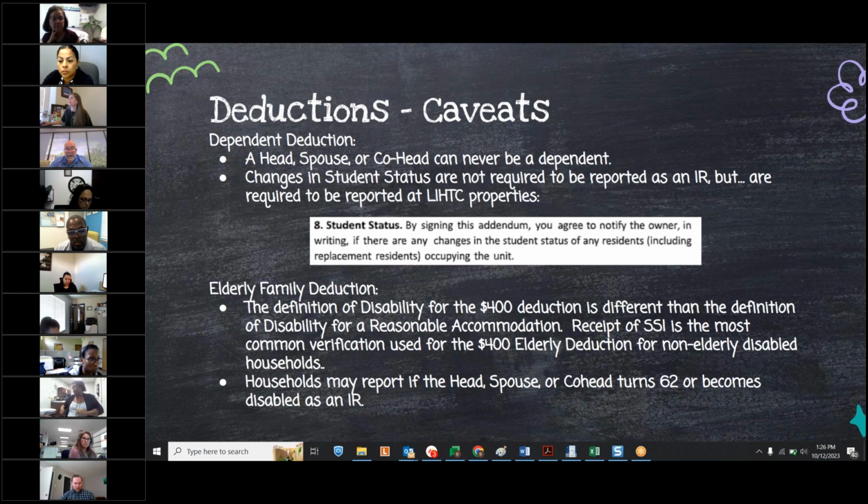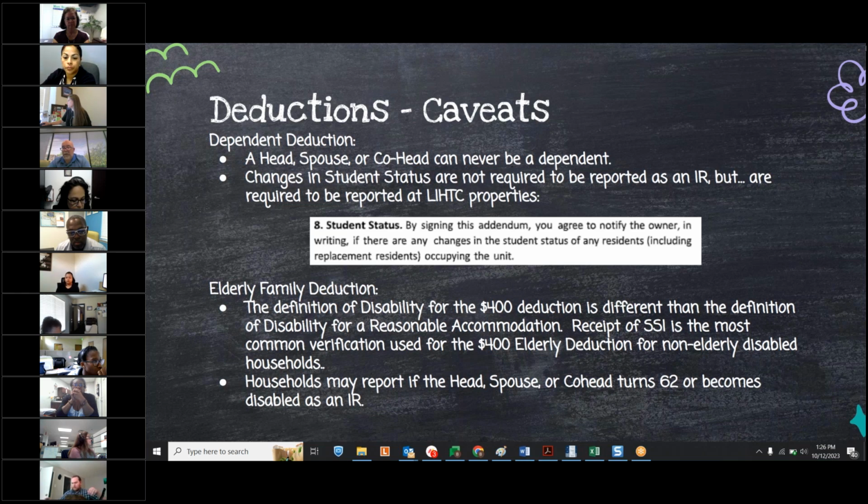On the elderly family deduction, it's worth pointing out that the definition for disability to be eligible for that $400 deduction is different than for households who may or may not be eligible for reasonable accommodations. So there's two separate definitions of disability in this regard.